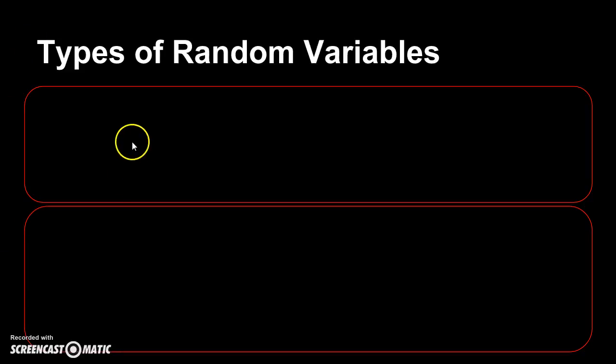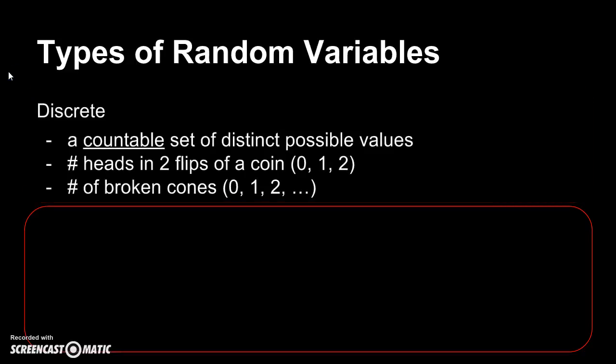We have two types of random variables. The first type is called discrete. In the previous video, all the examples that I gave you were discrete random variables because we can count them, right? For example, the number of heads when we flip a coin twice.